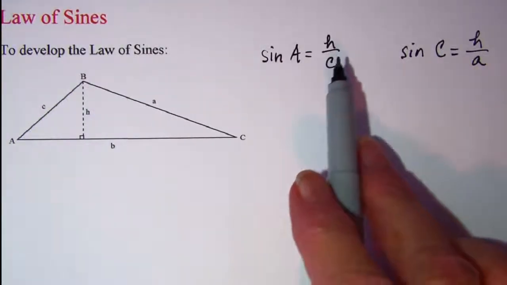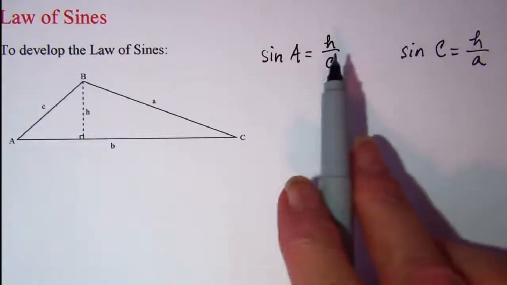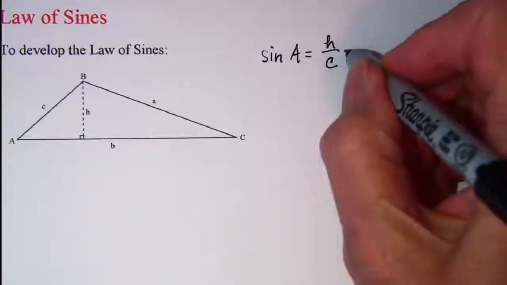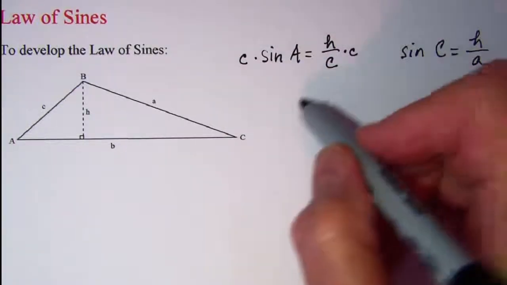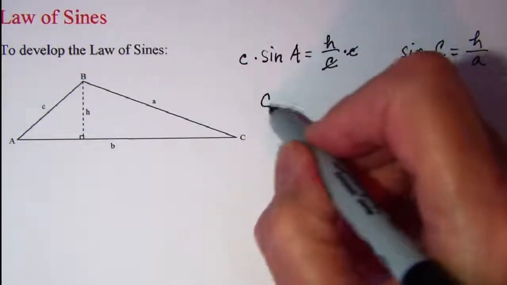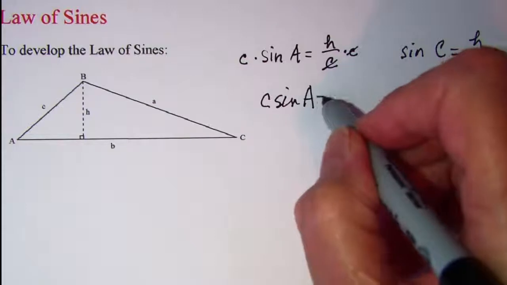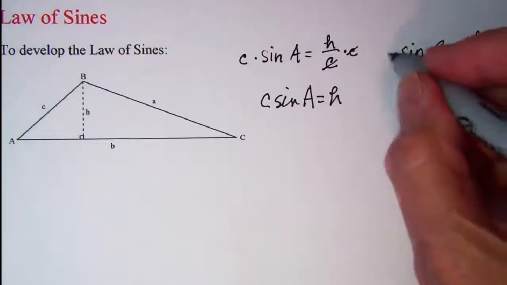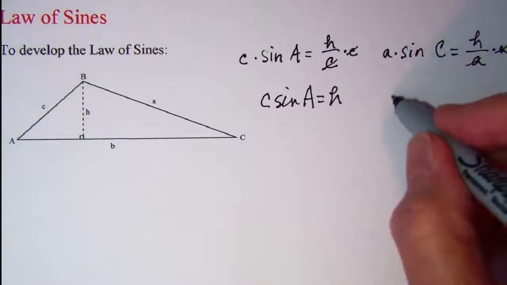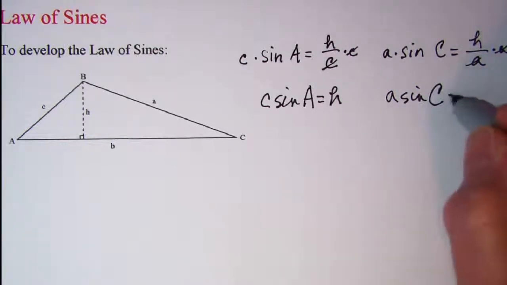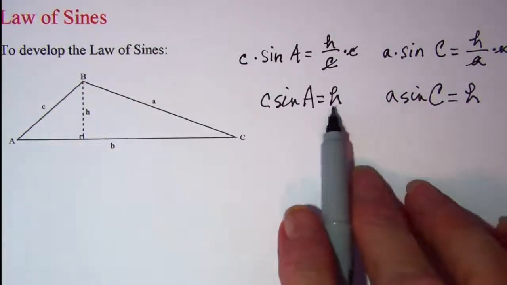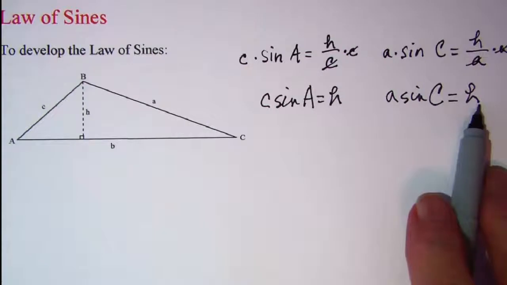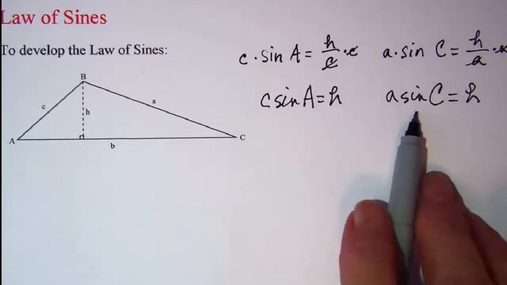All right, now since both of these equations have H in them, I want to isolate that H. So I'm going to take this equation and multiply both sides by C, and that gives me C sine A equals H. And then on this equation, I'm going to multiply both sides by A, and my A's cancel, and that gives me A sine C equals H. Now, since C sine A is equal to H, and A sine C is equal to H, then I can set these two left sides equal to each other.